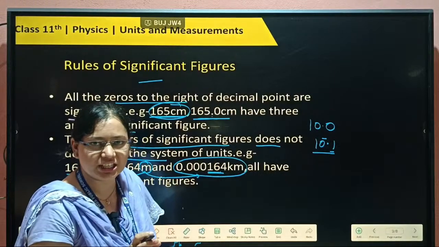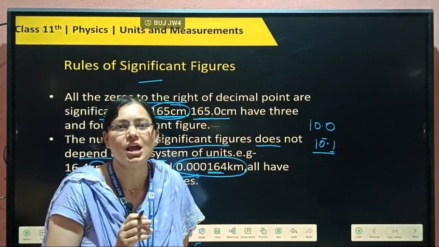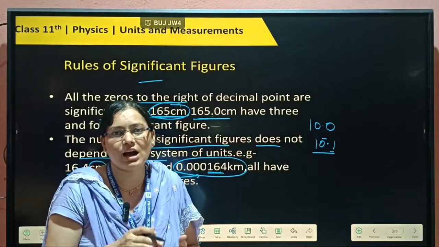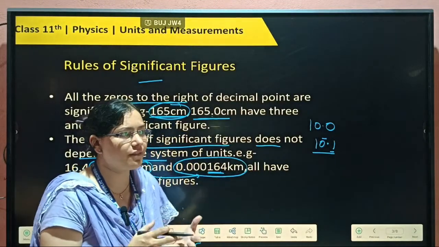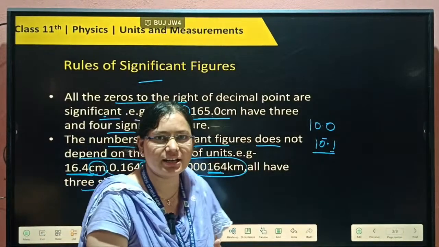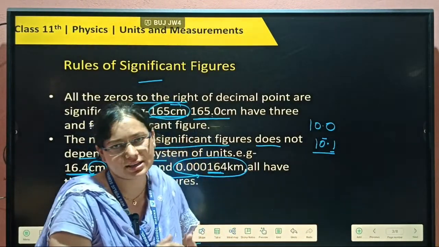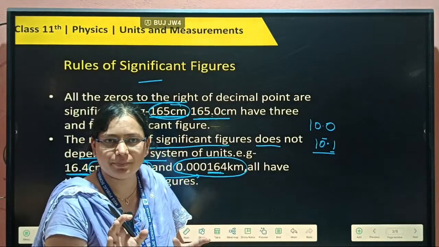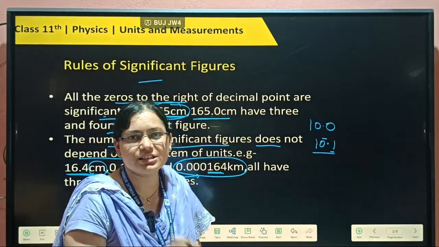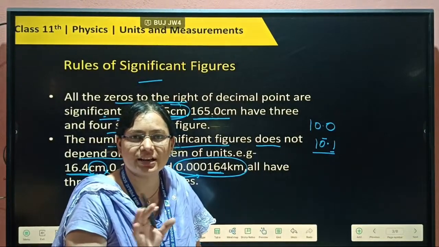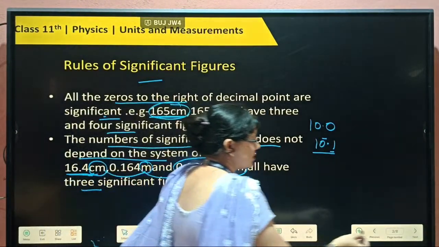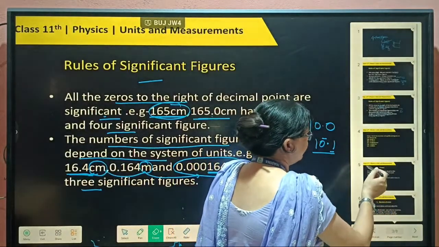It will not change as we change the unit of any number. Okay, if we cover a distance of 100 meter and want to convert it into centimeter, its significant figures will still be 3 only. If you change the unit, its significant figures will not be affected. Okay, so this is our rule of significant figures.